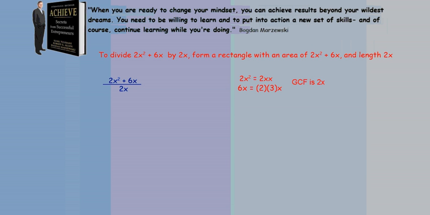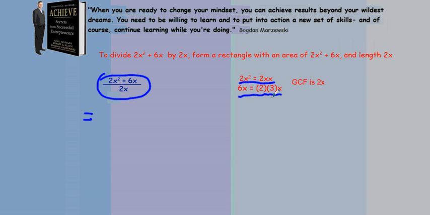So 2x squared plus 6x is shown on the top of the screen. Before we proceed with the actual division, we will have to find the factors for each term. 2x squared can be split as 2 times x times x, and 6x can be split into a product 2 times 3 times x.